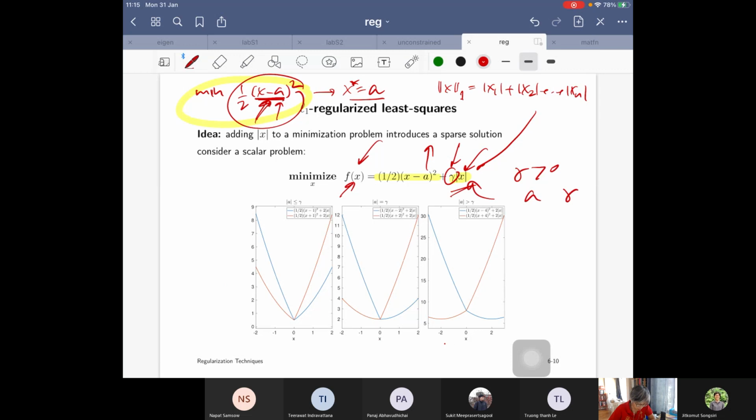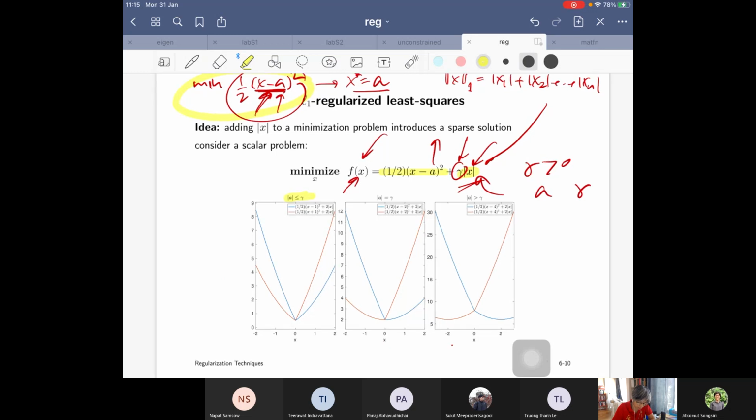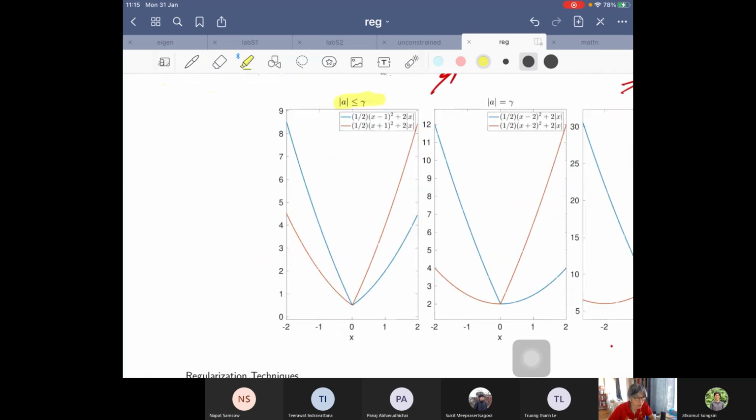The first case is when the magnitude of A is less than gamma. For example, A is 1 and A is minus 1, and my gamma is 2. I plot the graph. These are two examples, the blue one and the orange one. If you find the minimum of this graph, where is it?